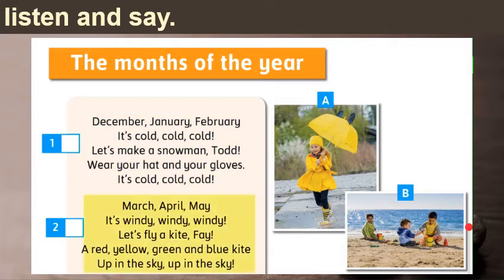March, April, May. It's windy, windy, windy. Let's fly a kite. A red, yellow, green and blue kite up in the sky, up in the sky.